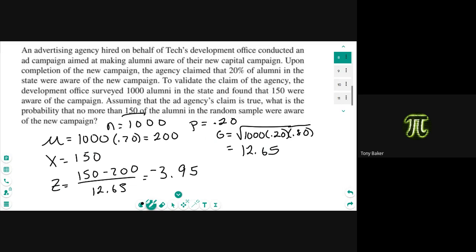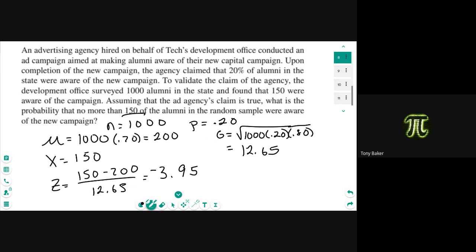Is their claim true? Their statement says, assuming the ad agency's claim is true, what is the probability that no more than 150 would know it? It's basically 0, right? Okay. It's not exactly 0. We know it doesn't go to exactly 0, but it's pretty darn close. Even going to 3.45 is 0.9998, so we're at 2/10,000ths right there. So it's going to be a really, really small number.